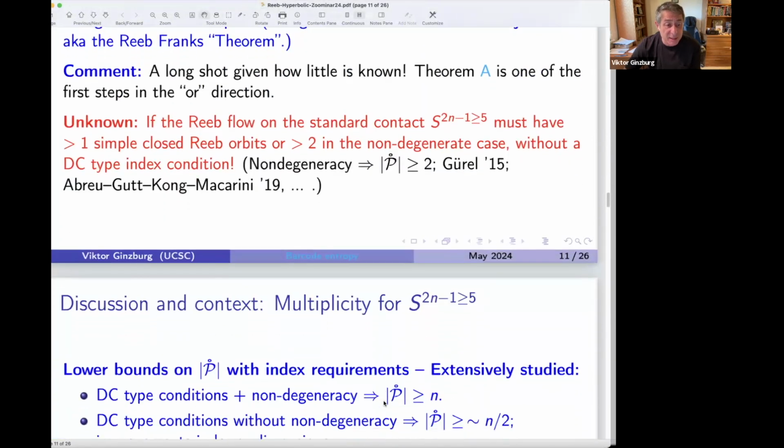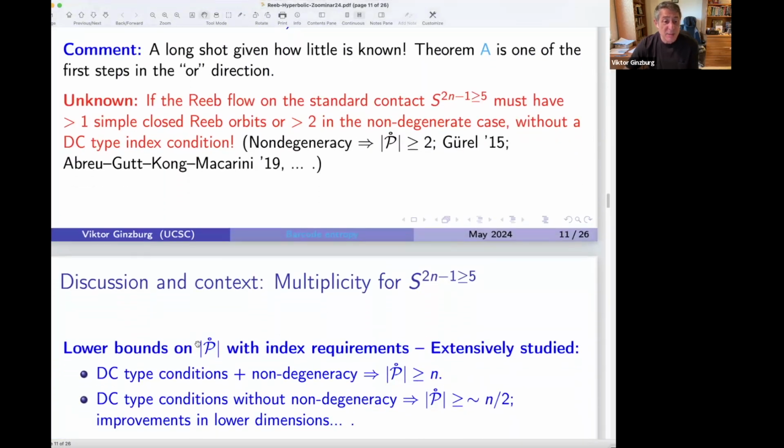On the other hand, if we start making assumptions on the index, namely imposing dynamical convexity conditions, then we can immediately say something interesting.